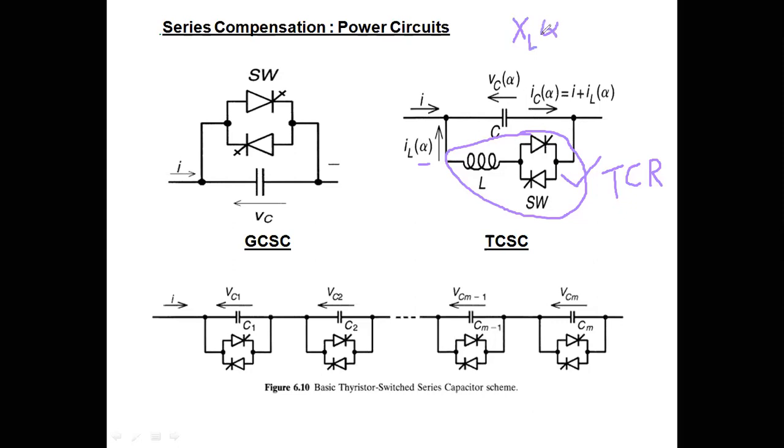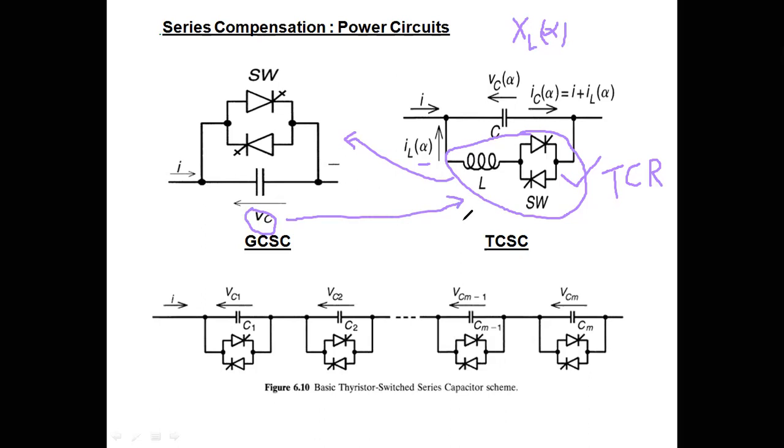How? By varying the current. In a similar fashion, you observe here with the GTO, we are controlling the voltage across the capacitor, similar to the TCR, thyristor controlled reactor. So there is an analogy or relation between this GCSC and the TCR.